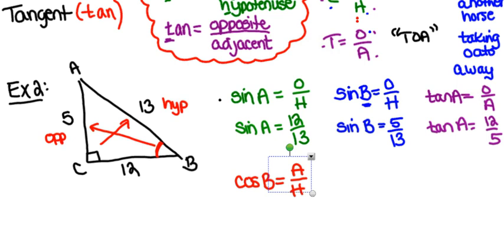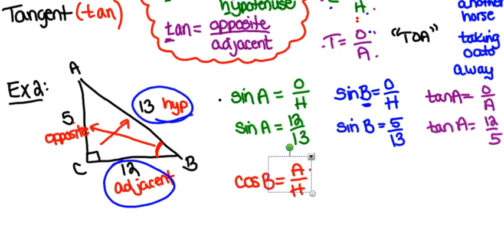That's the side opposite, which makes 12 my adjacent. So I want to now compare the adjacent over the hypotenuse. So the cosine of angle B would be 12 over 13.